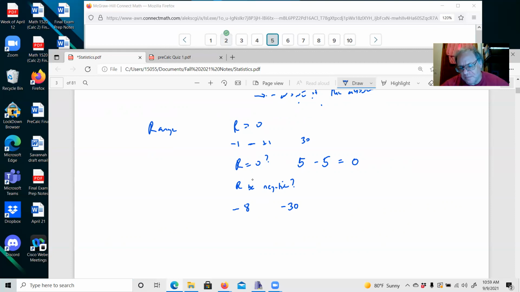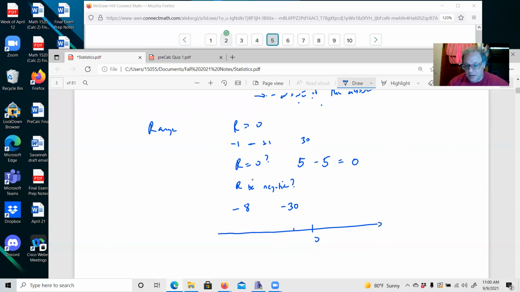What I'm going to ask you is, would you rather be $8 in debt or $30 in debt? Almost all of you are going to say, I would rather be $8 in debt than $30 in debt. -8 is a bigger number than -30. It's confusing because of the magnitude of those numbers, right? 30 is a bigger magnitude than 8, but -8 is a bigger number than -30.